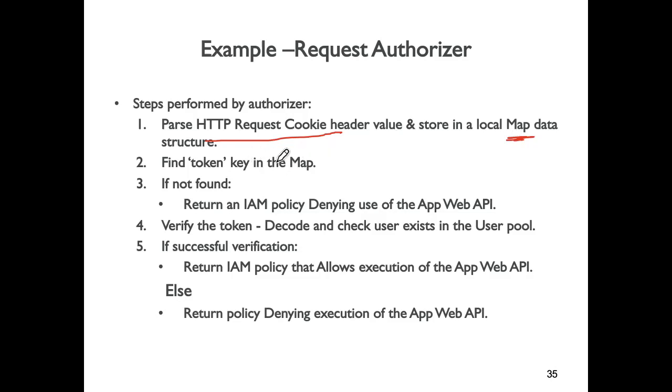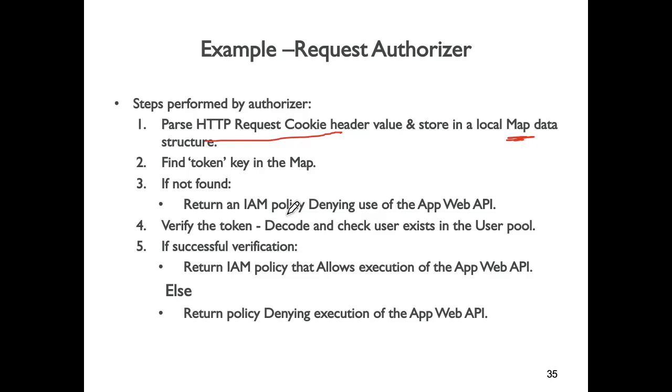So it looks inside the map to see if there is an entry with the key token. Of course, if there isn't, then it's clearly an invalid request. If there isn't one in there, then the way it tells the web API to deny access to the backend Lambda is by creating an IAM policy on the fly.